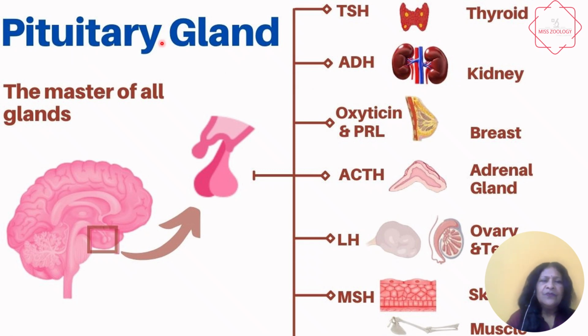This is to explain that pituitary gland is a master gland. You have already seen the anterior lobe of pituitary produces quite a large number of hormones, which are again written here.